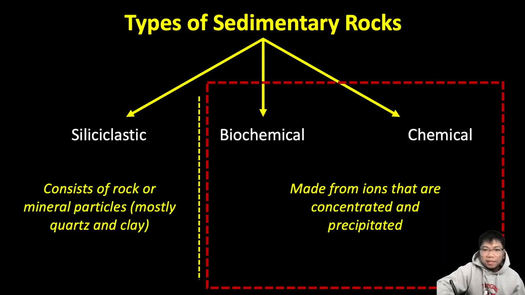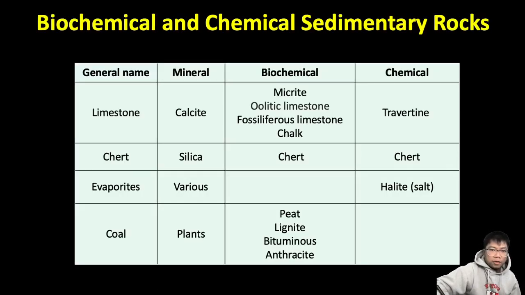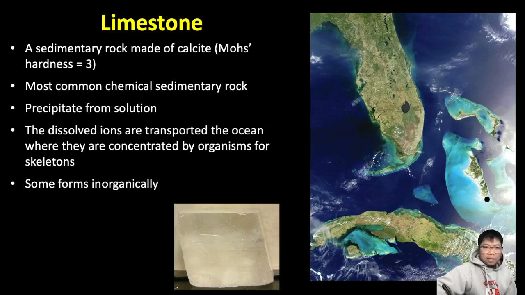All right, for the next several slides, we are going to talk about biochemical and chemical sedimentary rocks. In fact, we're going to start with chemical sedimentary rocks first. Here are some examples, and we're going to learn about limestone, evaporites, and coal in this video. Limestone is a type of sedimentary rock that is made of calcite.